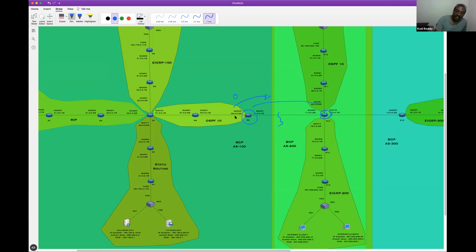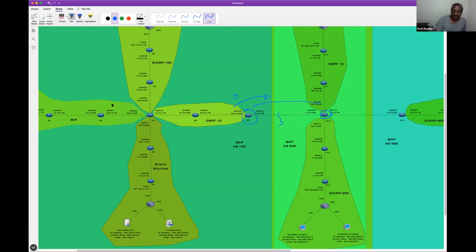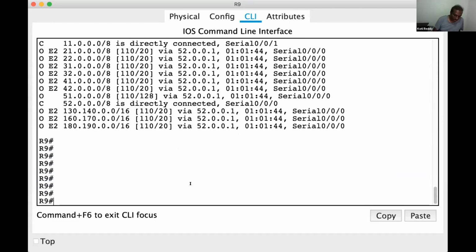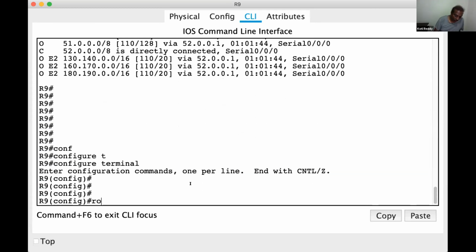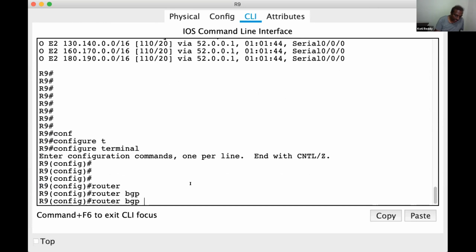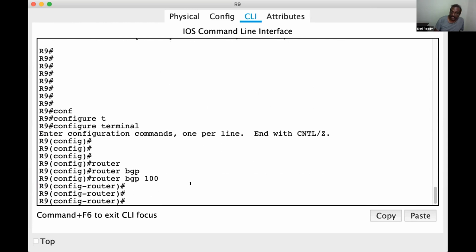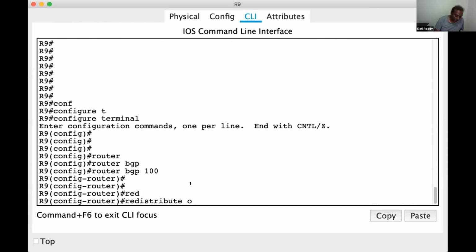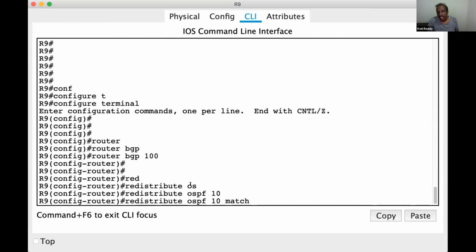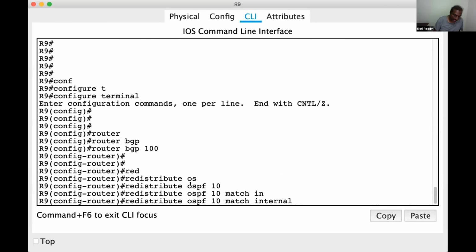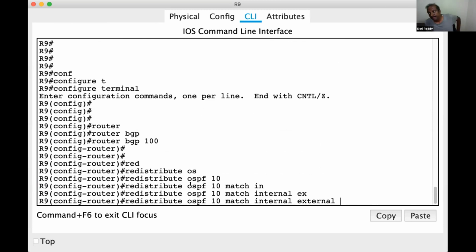I go to R9. In R9, I say configure terminal, router BGP 100, the first ISP. Redistribute the OSPF 10 routes, and also match internal as well as external routes.